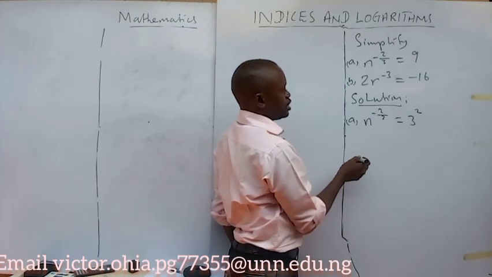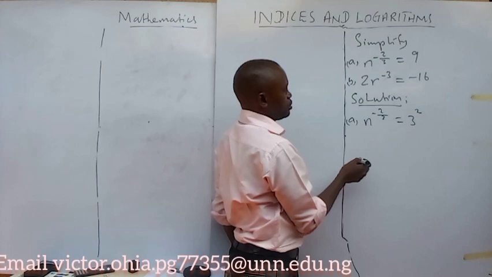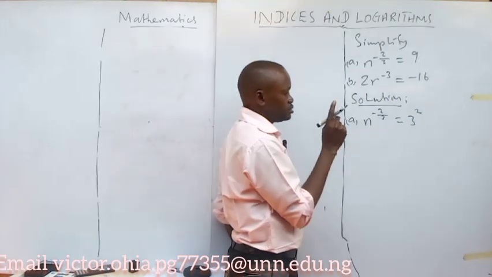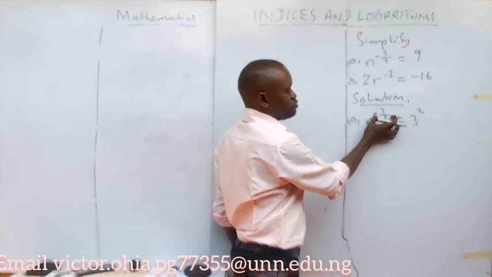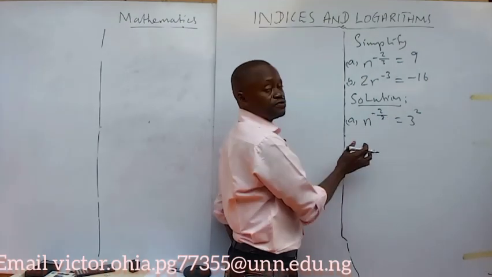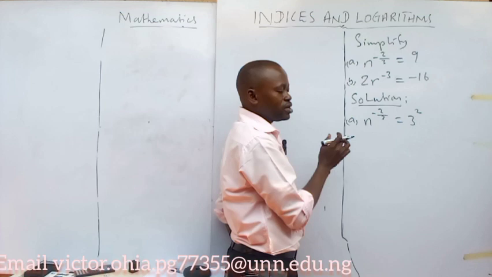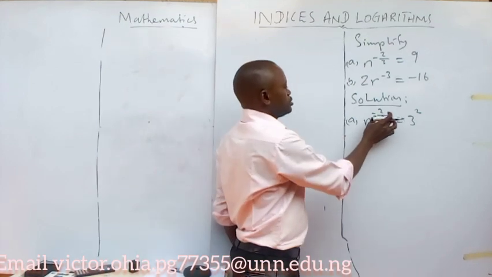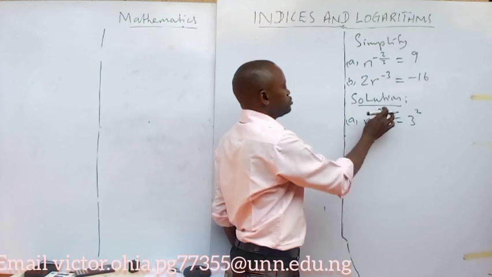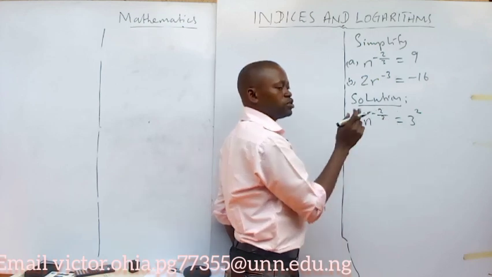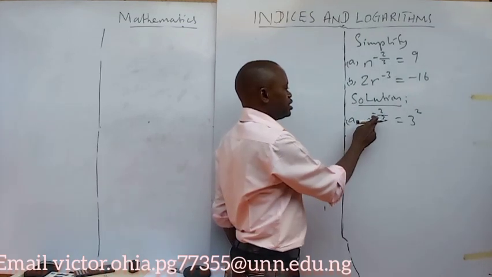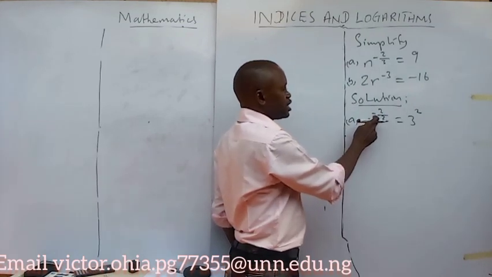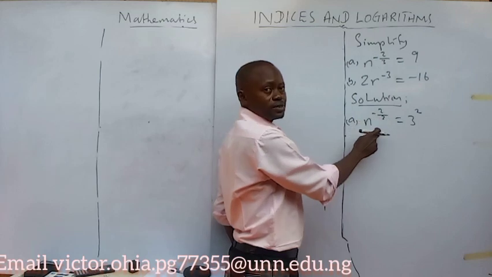Now look at this. My concern right now is how do I remove this power so that n will be free. If I multiply minus 2 over 3 by the inverse, you will realize that this will become 1.